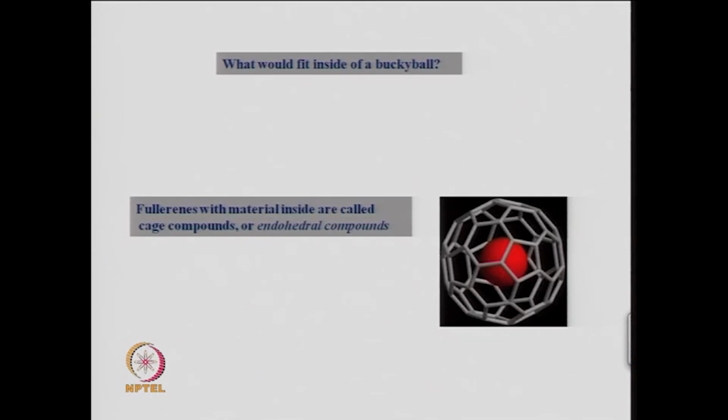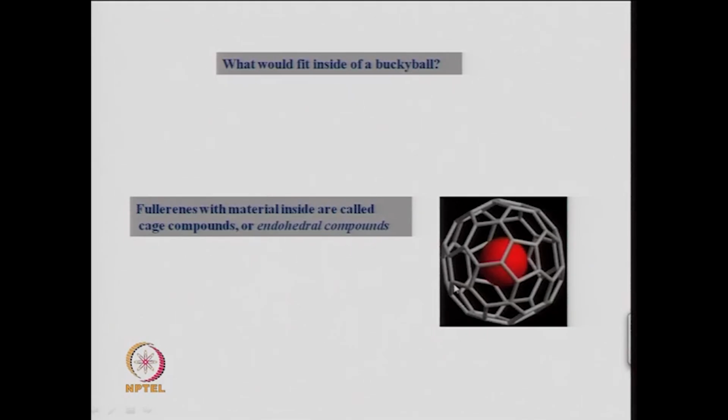So, either you take the van der Waals distances or you take the distance between the nucleus to the nucleus at the end of this diameter. So, what would fit inside a buckyball? Of course, it has to be much smaller than 7 angstrom or much smaller than 0.7 nanometers, and such materials where there is something inside the cage are called endohedral compounds.